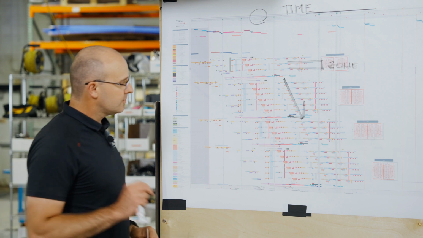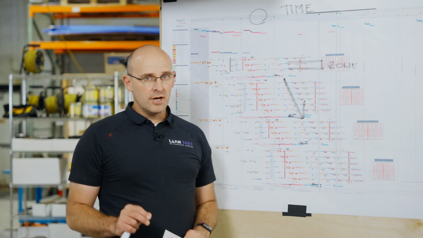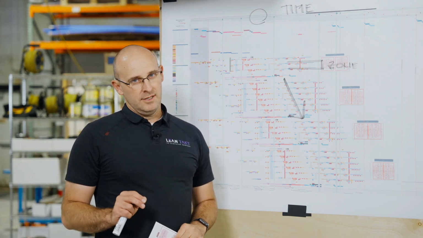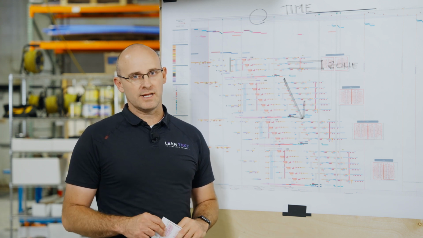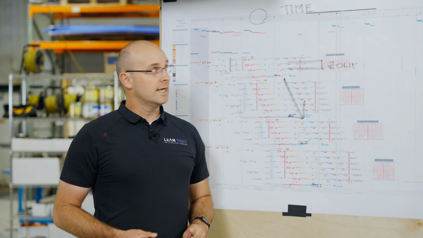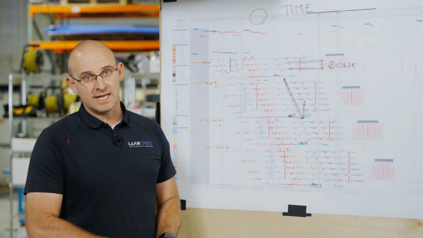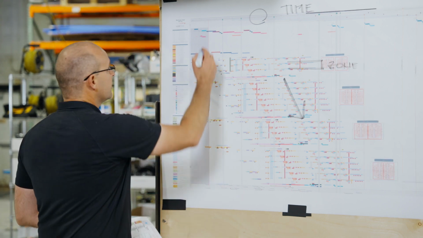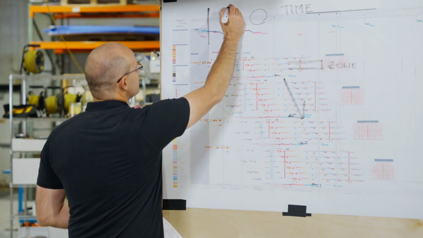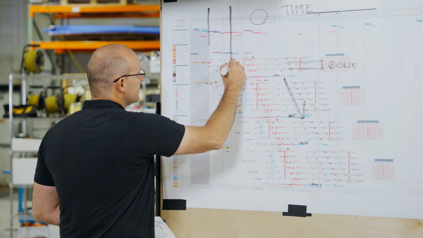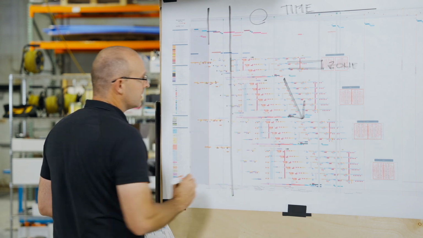Now, here's what I want to say. It is not a good thing to create your 6-week make-ready look-ahead plans and your weekly work plans from scratch. They need to come off of these takt plans. So if this is your current data date right here, then you look out 6 weeks ahead, and this is your 6-week make-ready look-ahead.